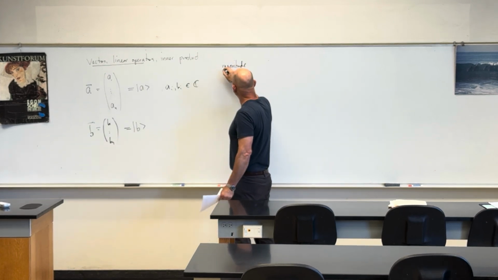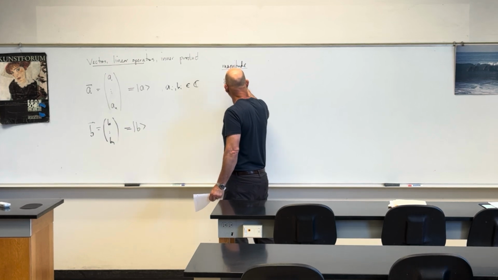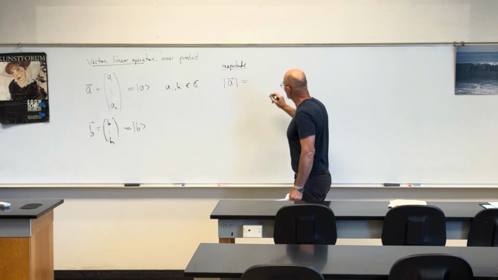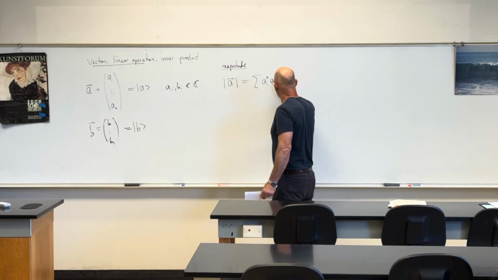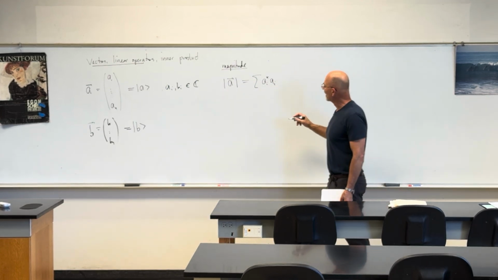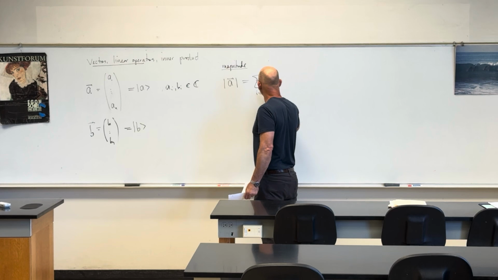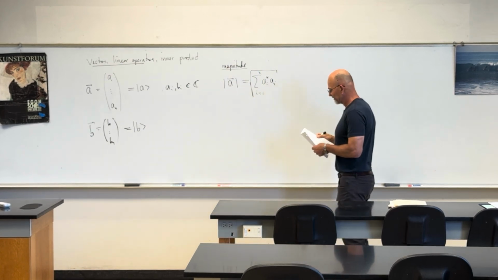The magnitude of a vector that we had like that is going to generalize to the square root of the sum of A_i star A_i, because it has to be real and positive, i equals 1 to n. So we have done this as well.